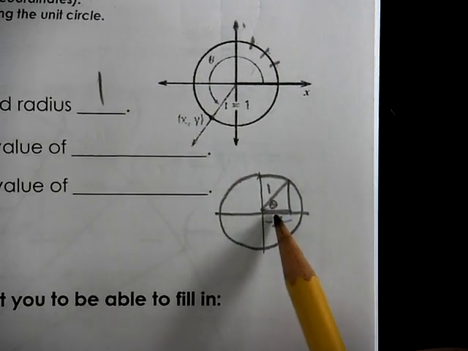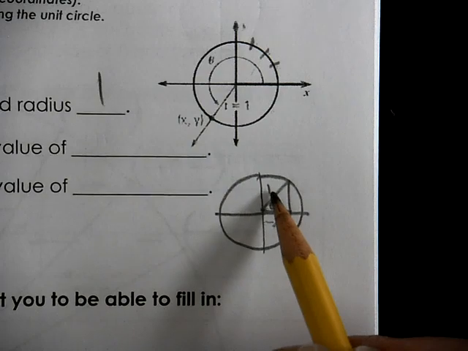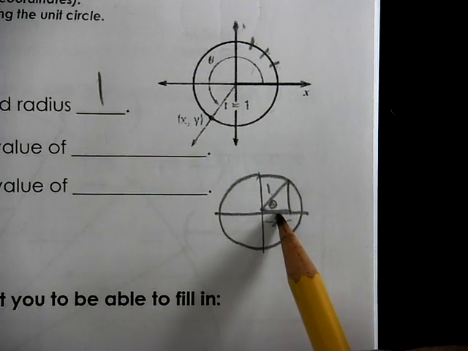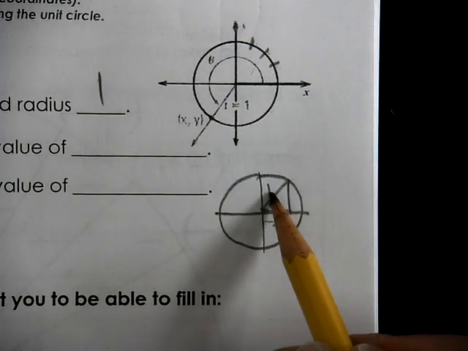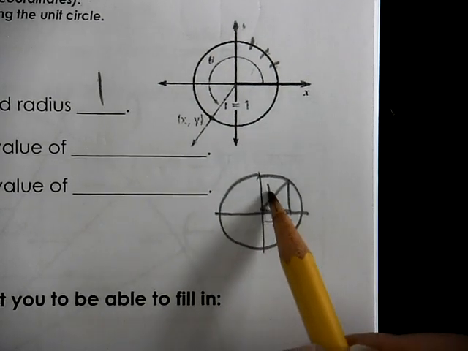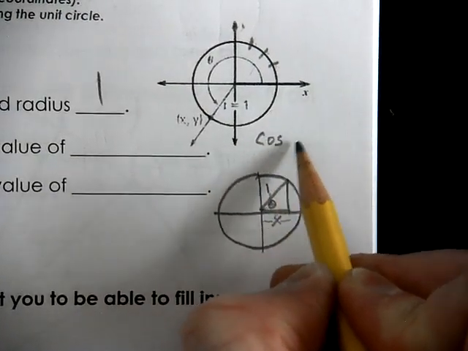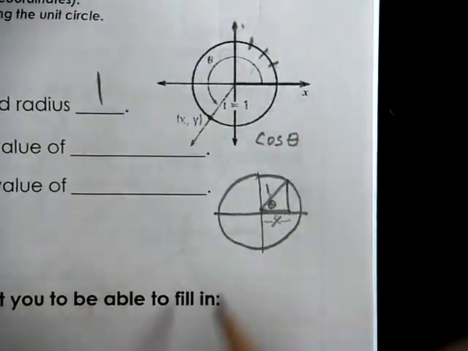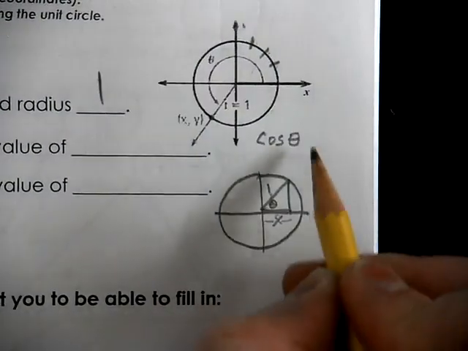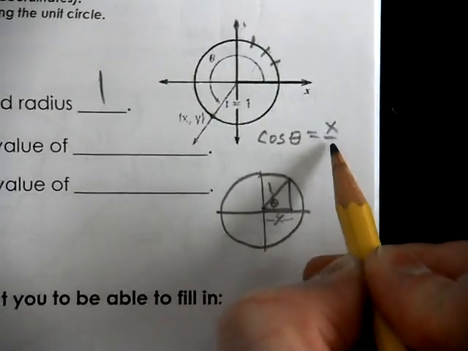So using which trigonometry function would we do the x value over the hypotenuse, or this adjacent value over the hypotenuse? It would be cosine. Using SOHCAHTOA, that would be adjacent over hypotenuse. So we know that cosine of theta equals the adjacent over the hypotenuse.